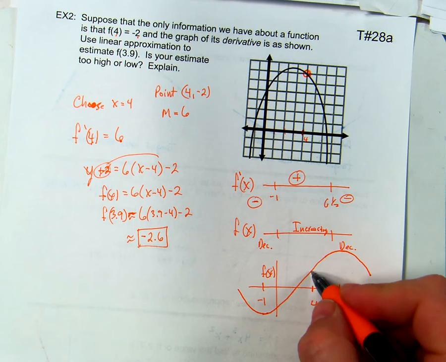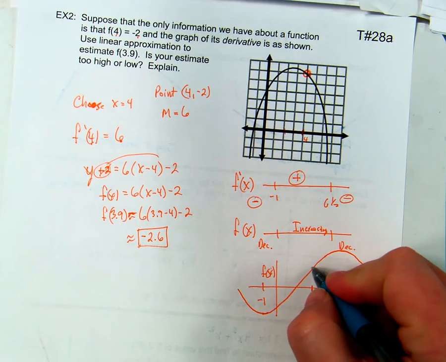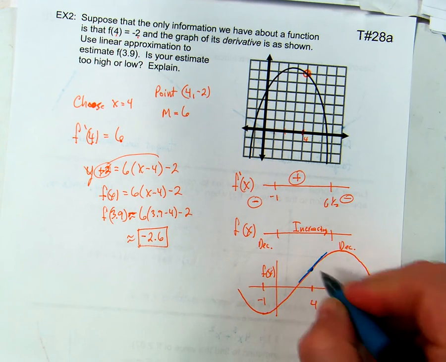So at 4, is my tangent line above the curve or below the curve? Yeah, my tangent line's above.